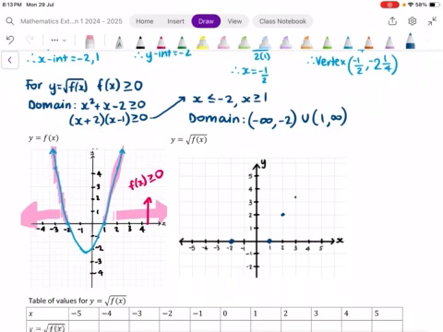What happens at 4? We get 4.2. And at 5, we get 5.29. So it looks a little something like this.